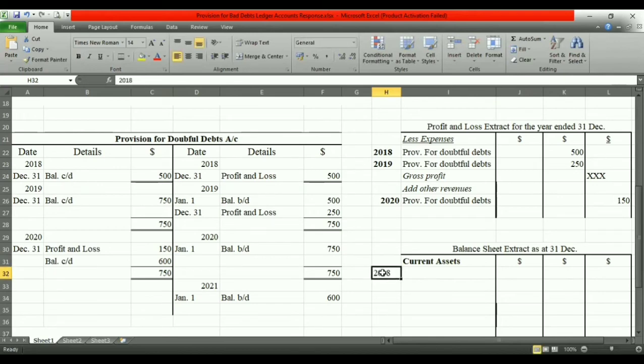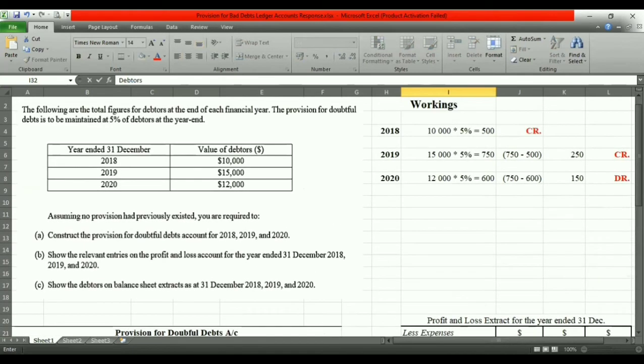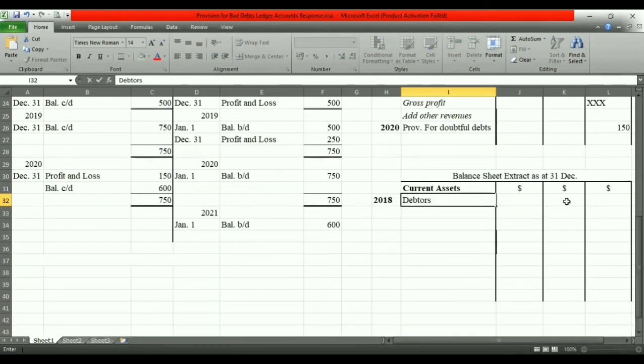So we're showing the year 2018, and we're picking up our debtors value for 2018. Where do you find that? You have to go right back to the question. For 2018, your debtors value is $10,000. So you use the first column, show your debtors value of 10,000.